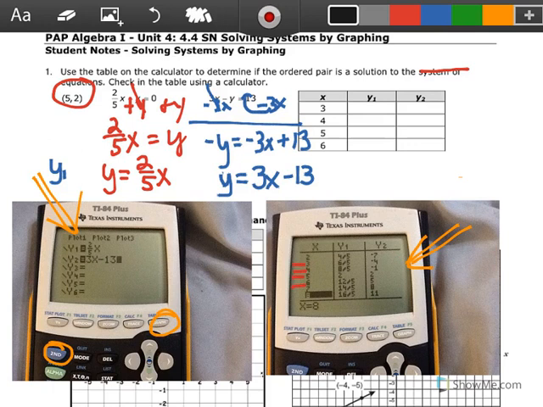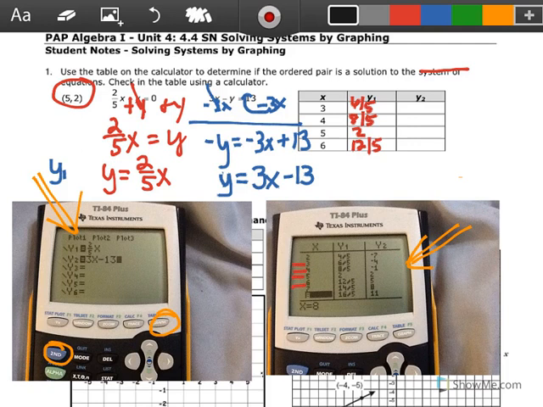For the first equation, we have 6/5, 8/5, then 2, and then 12/5.